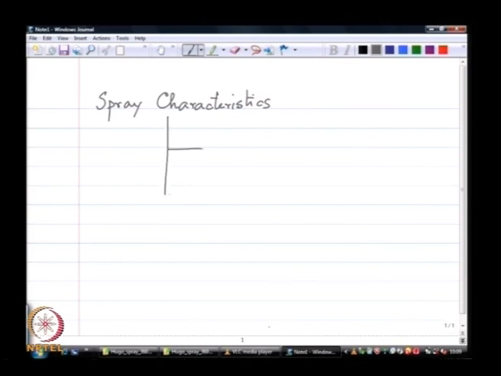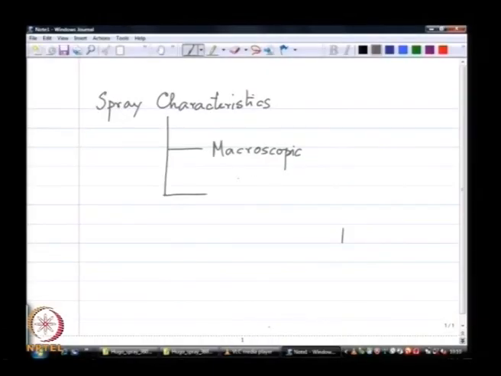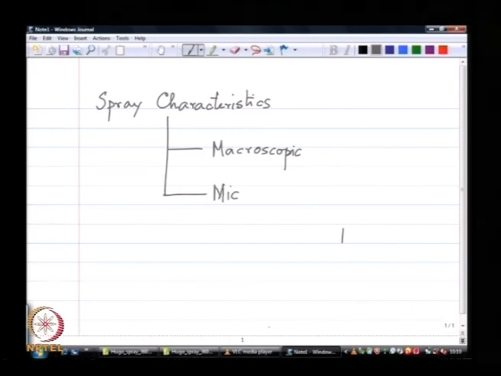So, we will start to make a list of a few different spray characteristics. Now, before we turn to the audience and ask this question of them, I want to suggest that there are basically two kinds of spray characteristics: one that are macroscopic in nature, and a second that is microscopic.